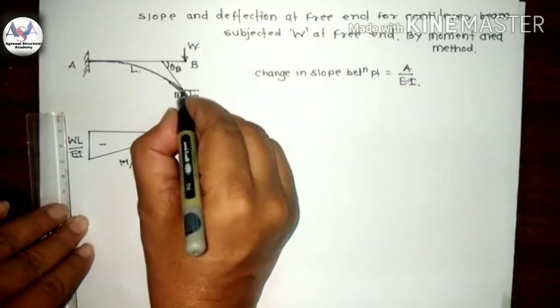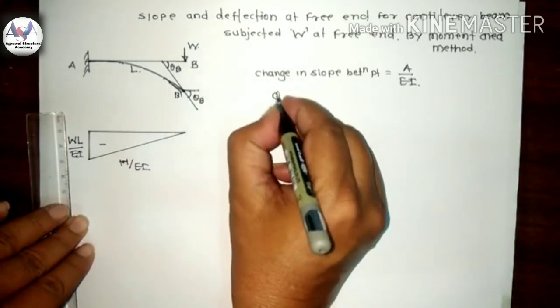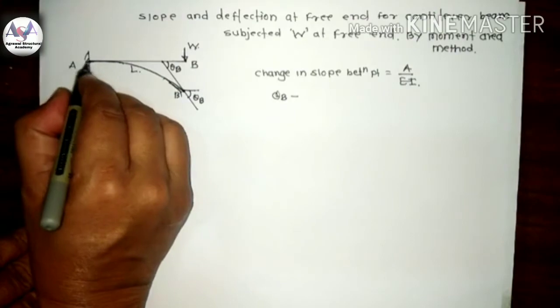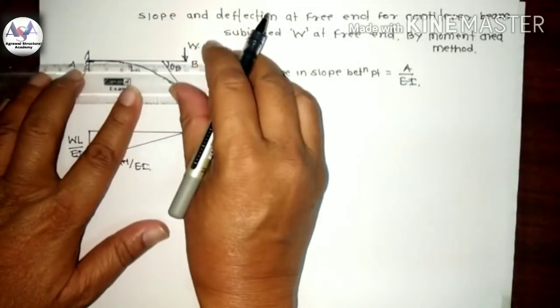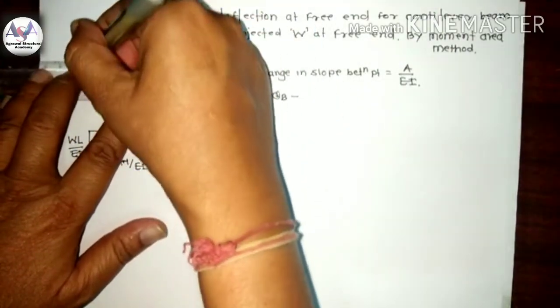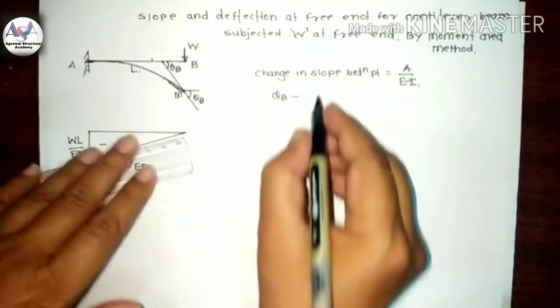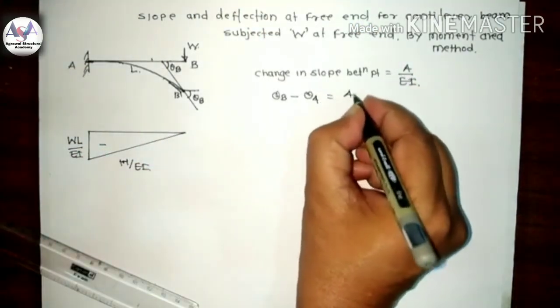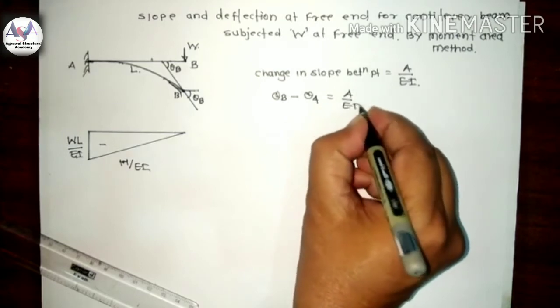So what is the change in slope? Ours is theta B, and again we have drawn the tangent from A, passing like this through the same point. So theta B minus theta A is equal to the area by EI.